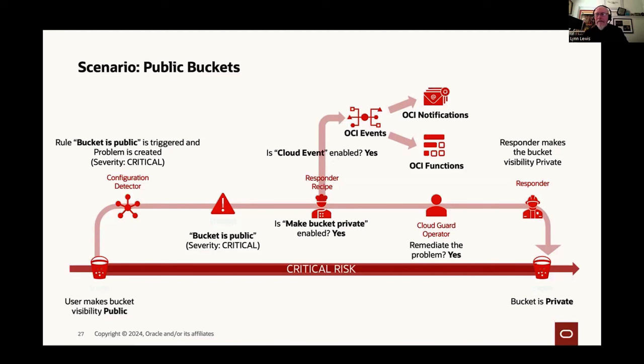And once again, sometimes this might vary on the type of problem. Sometimes you can't always use the automated option for this. And we'll take a look at that. And then there, the responder makes the bucket visibility private. So this is just one example of a type of problem that you will see in CloudGuard. And then the path of action for that.